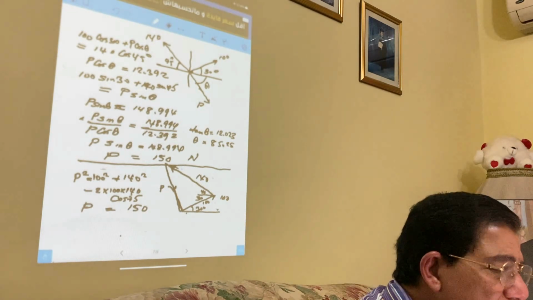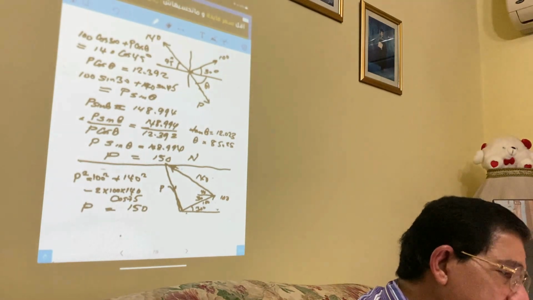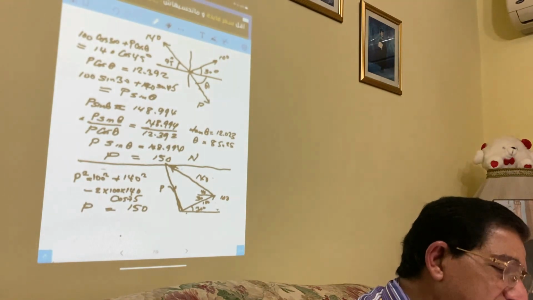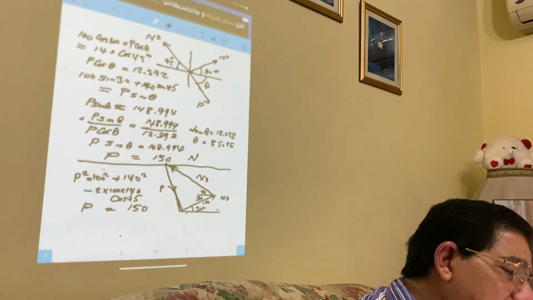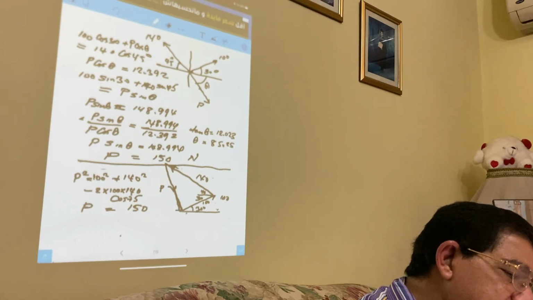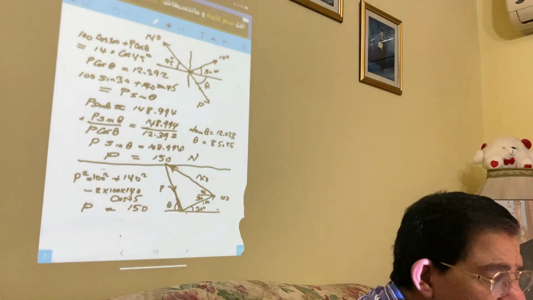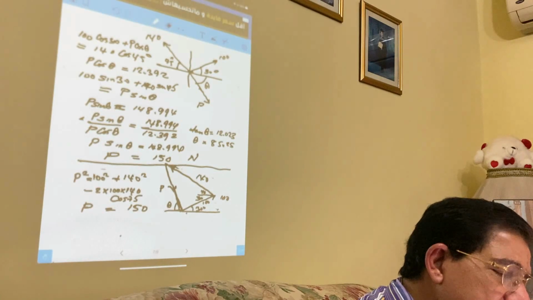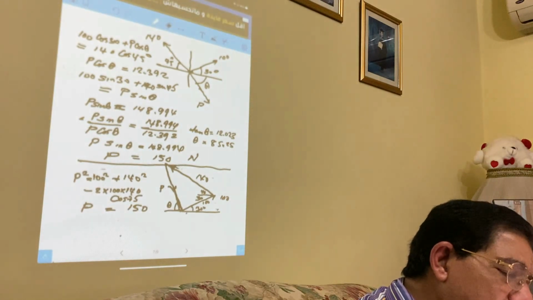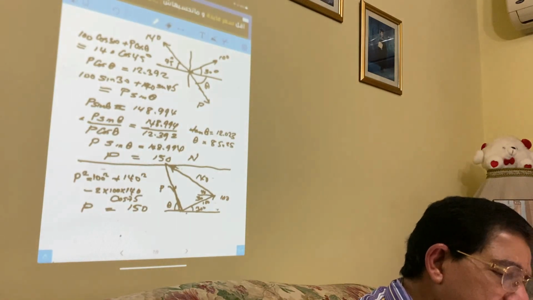Then we need to know its direction. Here in the diagram, the angle P makes angle theta with the horizontal, say this angle there is theta. You want to know what is this angle. So what we are going to do is use the sine rule.